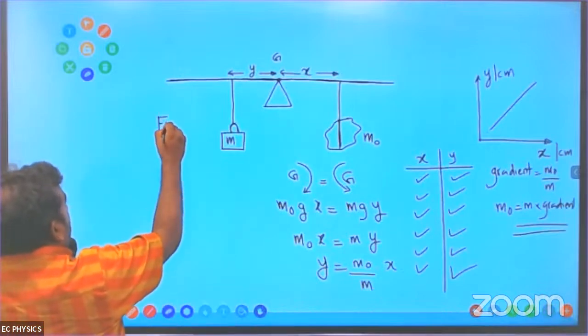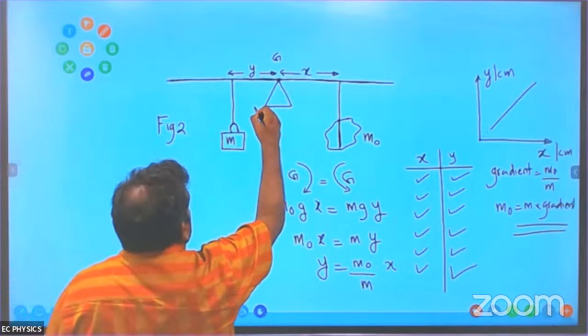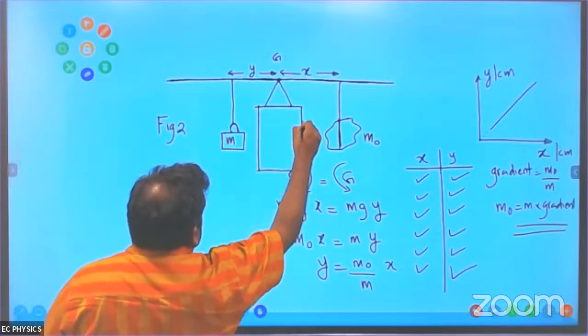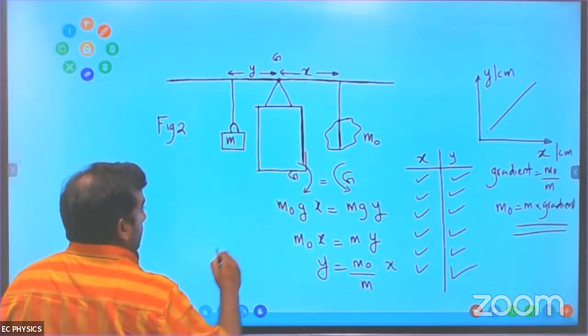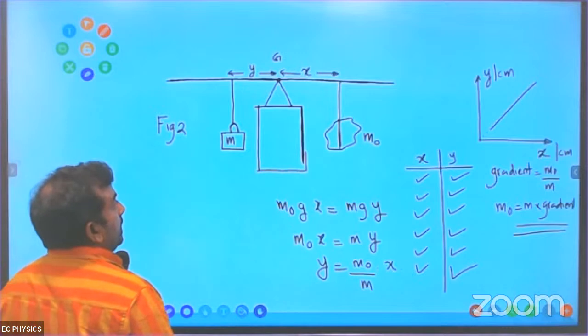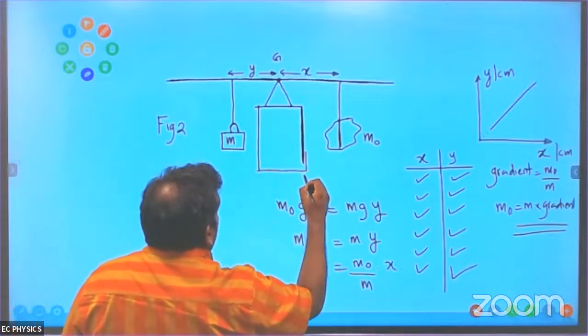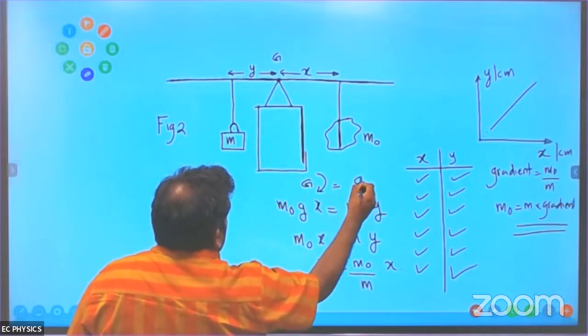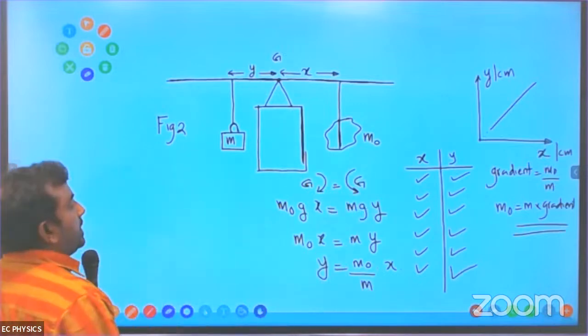Next point. As shown in figure number 2, we hang an unknown weight m0 at a distance x.